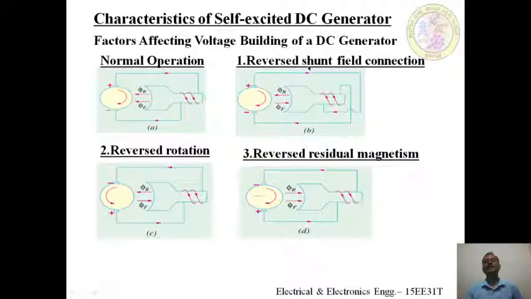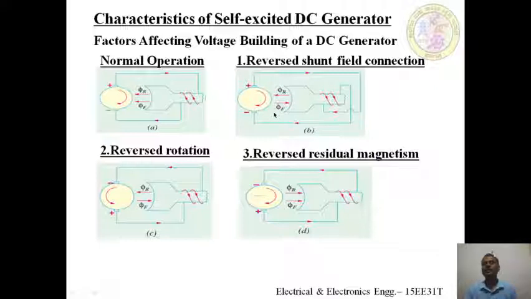Suppose the shunt field connection is reversed. Reversed shunt field connection will produce the flux in the reverse direction, as we have shown previously. Phi F reverses, that is, the field flux Phi F opposes the residual flux here. To build up the voltage, both the fluxes must add together.